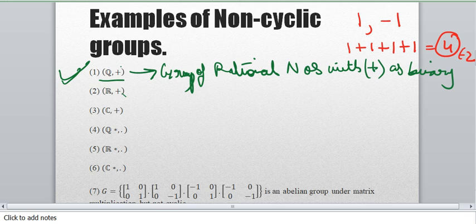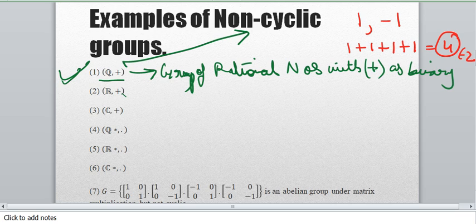Why is it non-cyclic? Because we cannot find a generator to generate all the elements of this group.